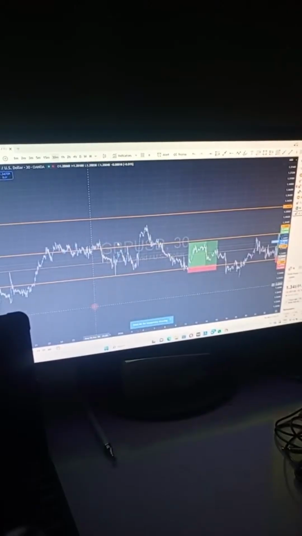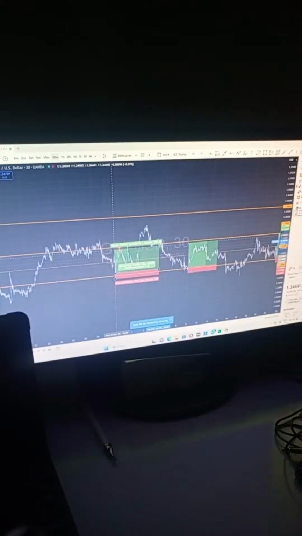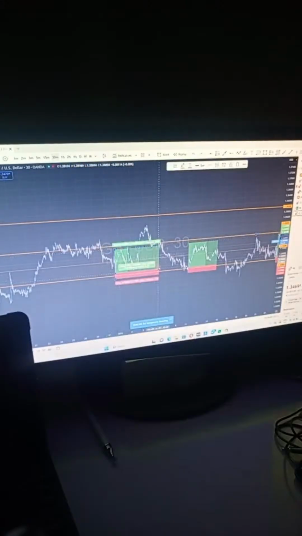So you see here as well, this is the same setup, key level. You risk 20 pips. It's easy. Let's take, for example, you already know price is in an uptrend, and you see price pulling down towards a key level.